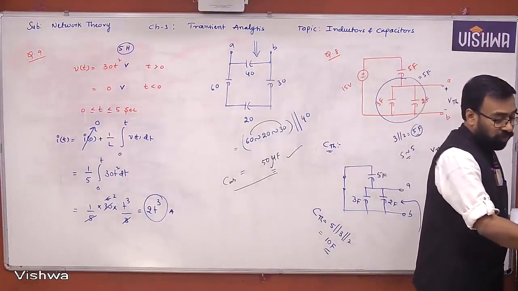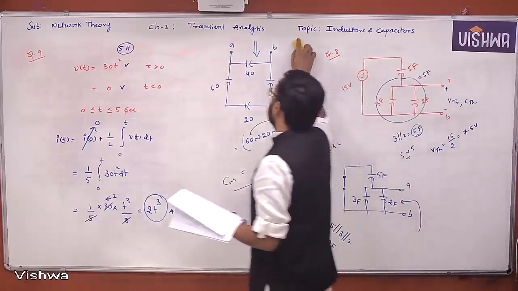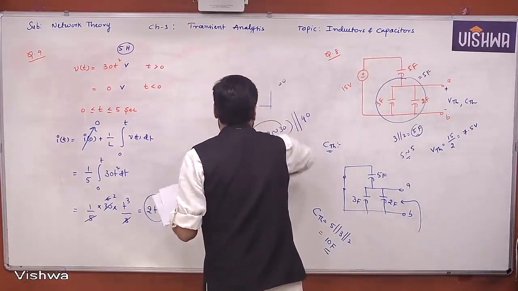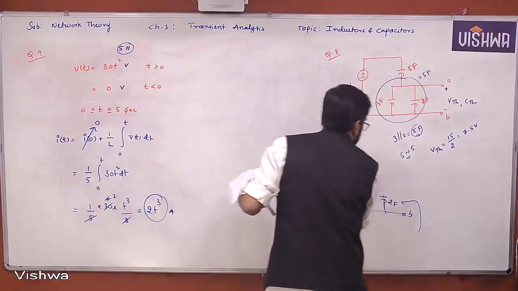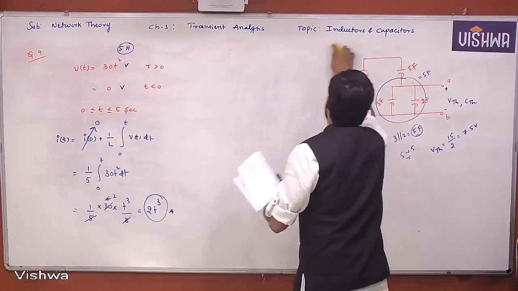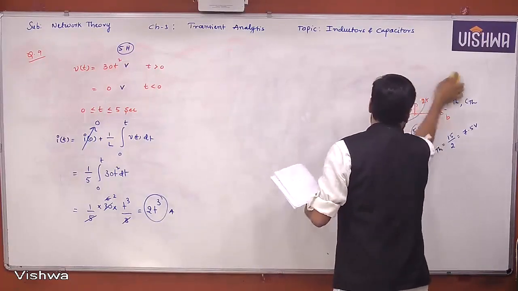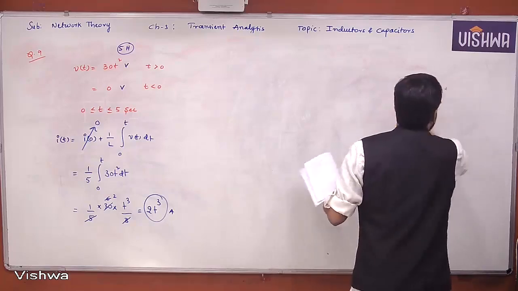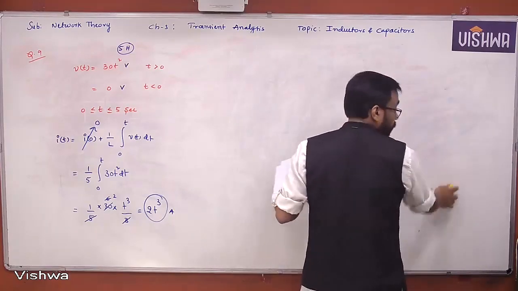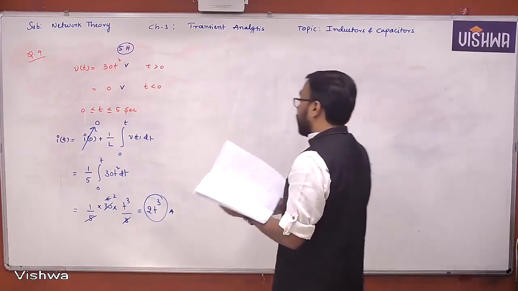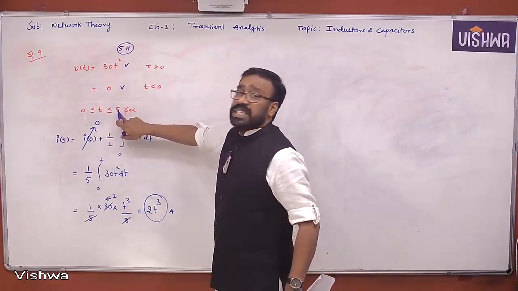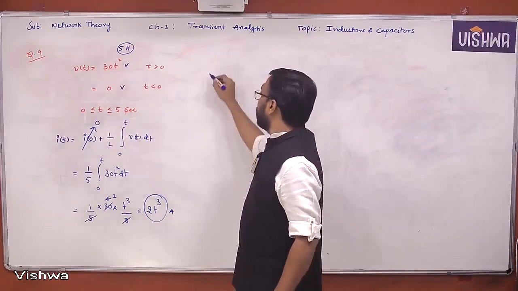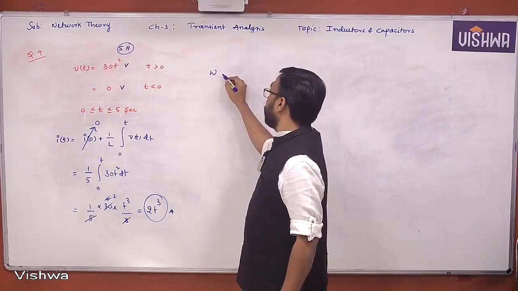Now, what is expected to find here? To find even the energy, within some boundaries he has given. What is the formula for energy in case of an inductor? You know that very well, right? Within boundaries he is asking: t naught is 0, t is 5. So what is the energy formula that you have learnt already?